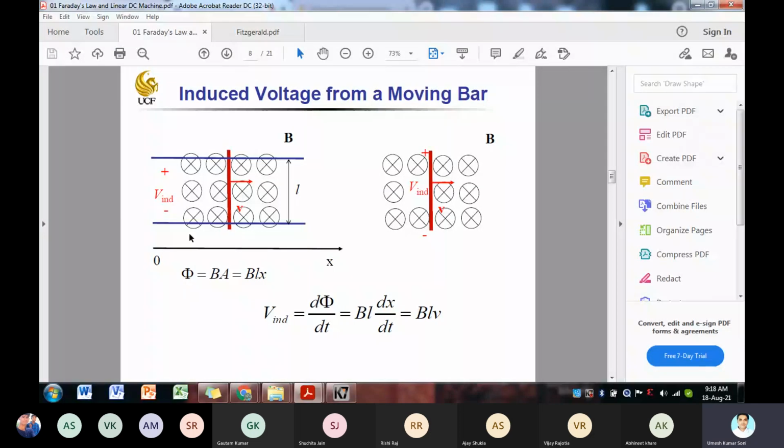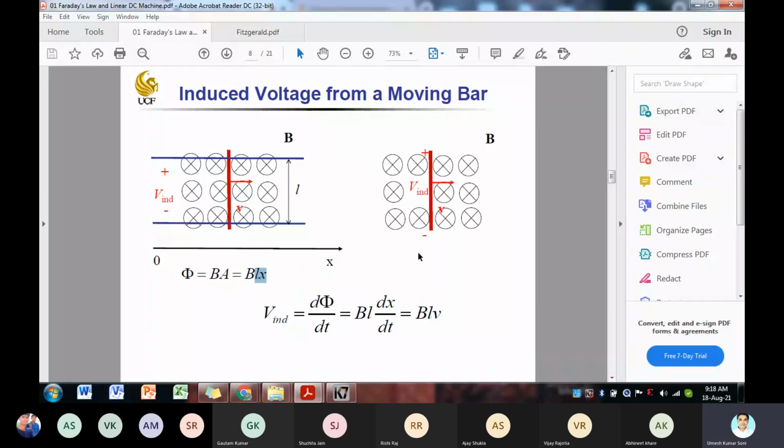So the total area of the flux is given by Lx. So now you can see that whenever there is a movement under the flux, there will be an induced EMF.